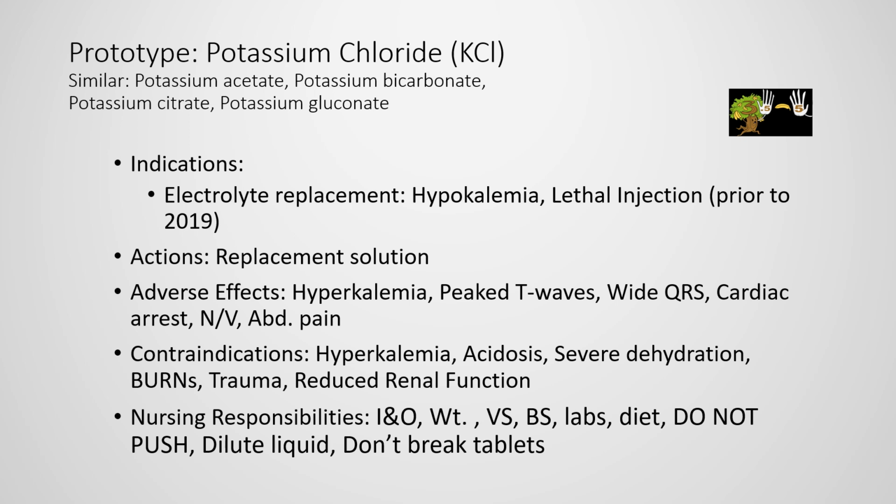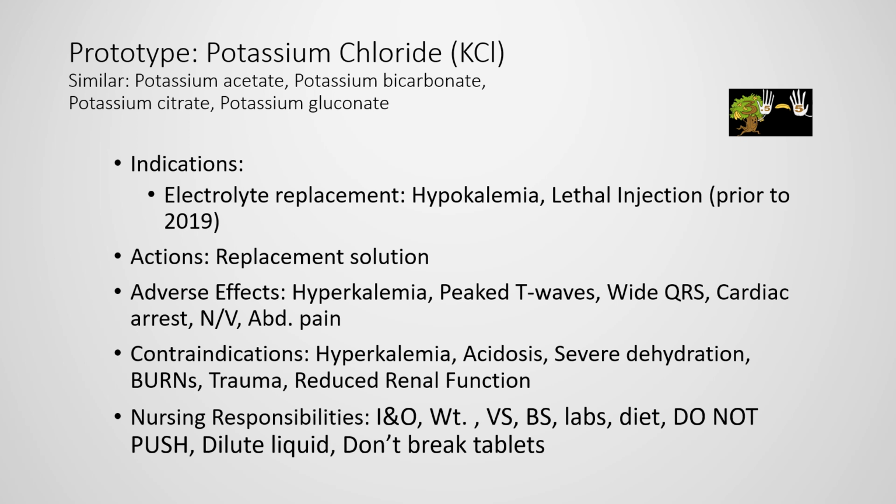And potassium comes in IV solutions. It gets added to IV solutions. Now, years ago, the nursing staff could draw up potassium in a syringe and inject it into the IV bag and come up with a concentration. That has essentially disappeared now, and companies now make normal saline with potassium added to it.